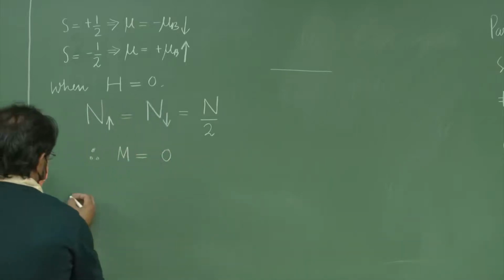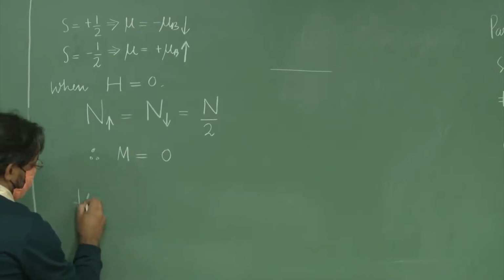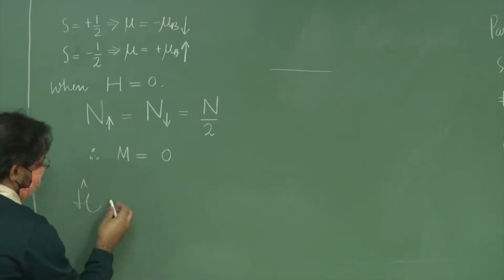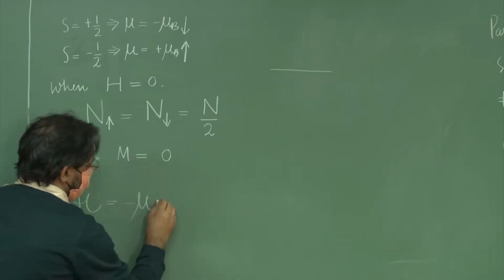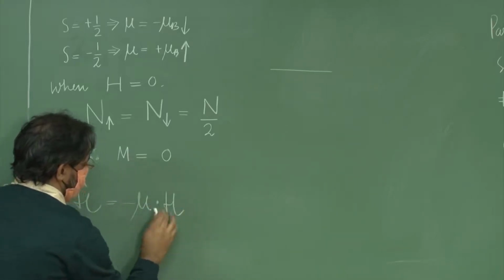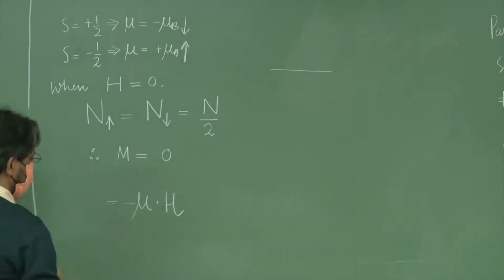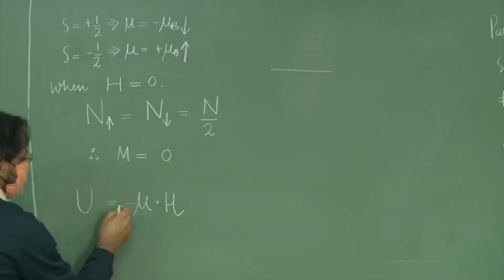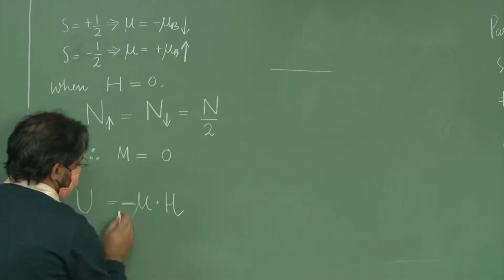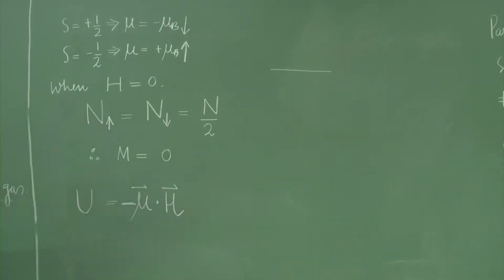So you can write the Hamiltonian, and this is minus mu dot h. Maybe it is confusing, so let's just write U for the energy. So this is the magnetic energy. Mu is the magnetic moment, and h is the applied field.